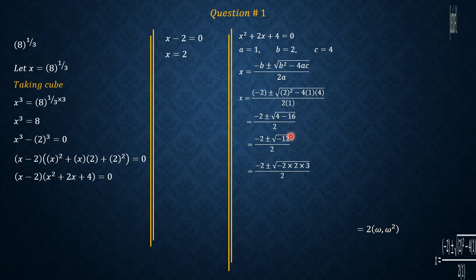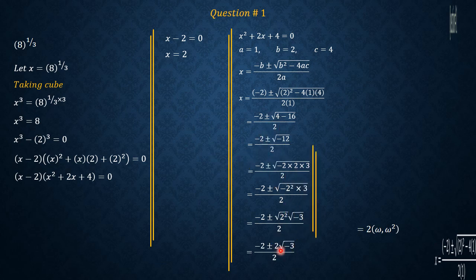That's why you will get omega, because if there is no minus, you can't write it in the form of omega. Furthermore, we just have to find the prime factors of 12. 2 twos are 4, 4 threes are 12, so 2 power 2. Then you can separate the square root. You already know the rules. It will be cancelled this way.